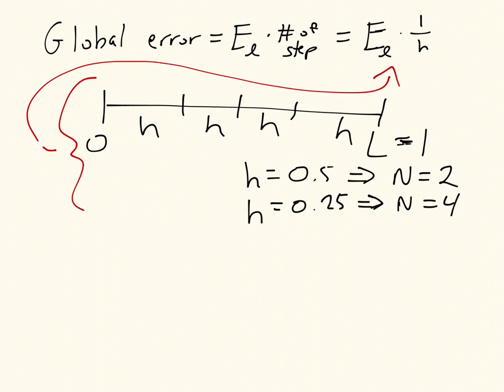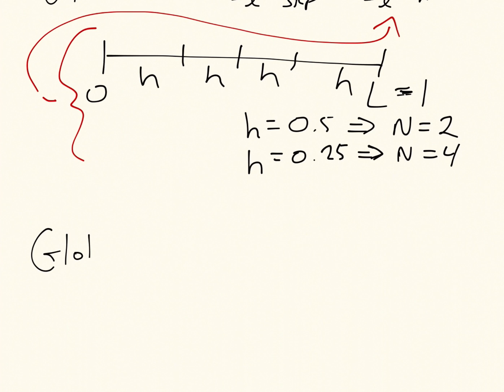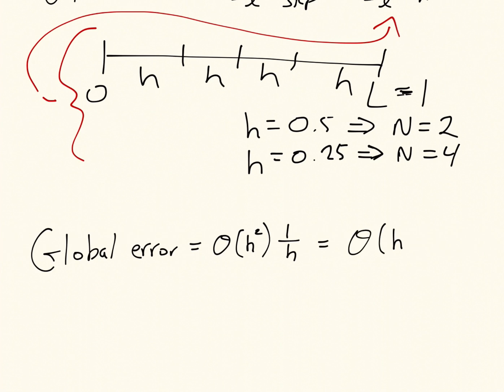So how can we use that? Well, now we can say that the global error is equal to our local error, which was order h squared, times 1 over h, which, if you put all that together, is equal to order h.